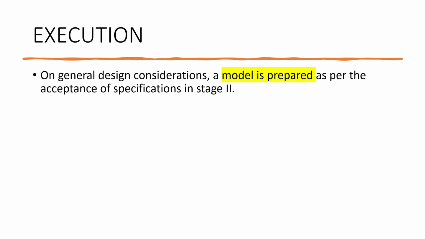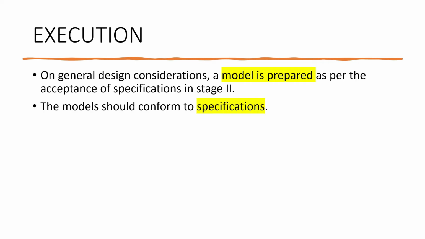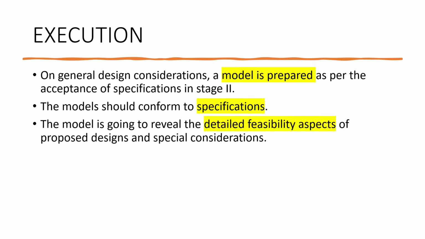At the execution stage, see, we are preparing a model as per the specifications. And the model is made in such a way that it should conform to the specifications. And see, this model will reveal whether the product is feasible. So we can understand some of the feasibility aspects of the product from this model.